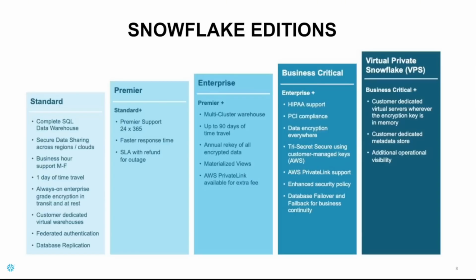Along with that, you get a dedicated virtual warehouse where encryption keys are in memory, so a dedicated server is given only to the client using the VPC edition. It also supports customer-dedicated metadata stores and additional operational visibility into what is happening inside your Snowflake account.